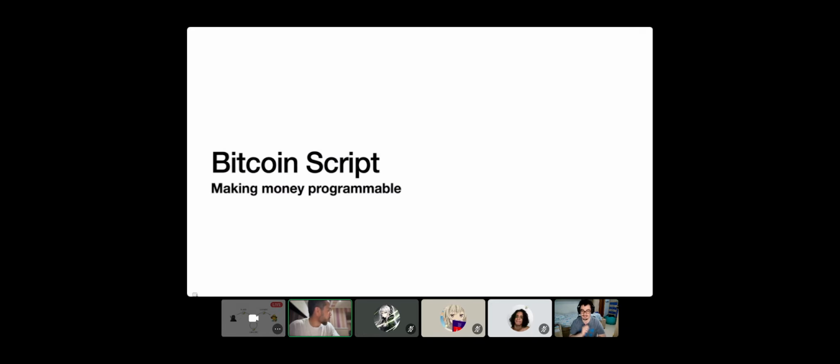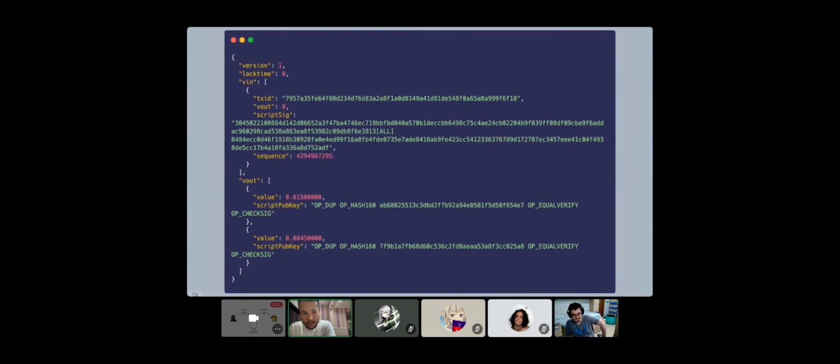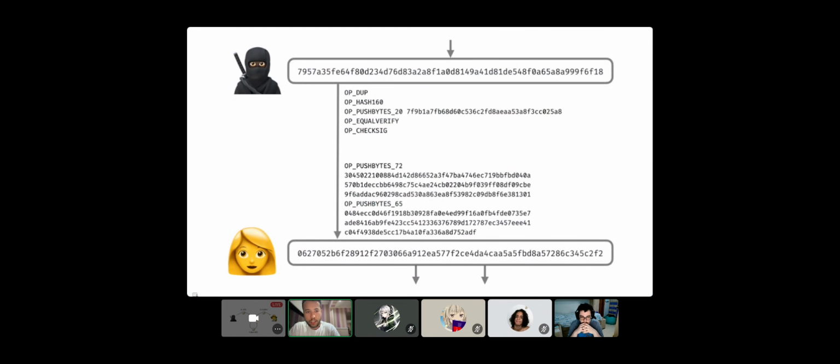Okay, so let's talk about Bitcoin script and how these cryptographic puzzles work. The script is actually making money programmable in the system, and I believe this will be the part you will like the most. So let's understand this specific example. If you go into the blockchain and look at the two transactions involved here, the first one is from the ninja guy.